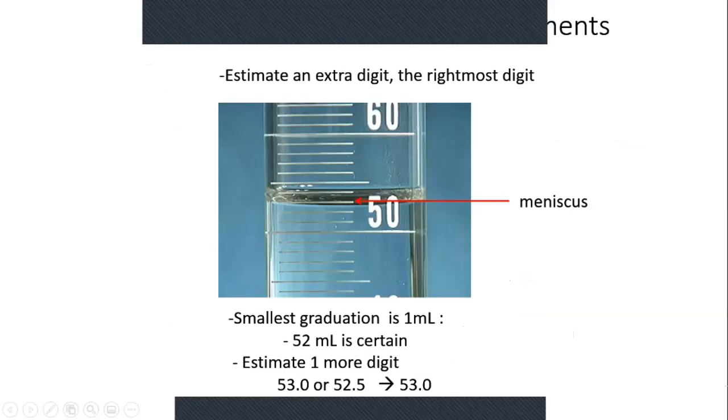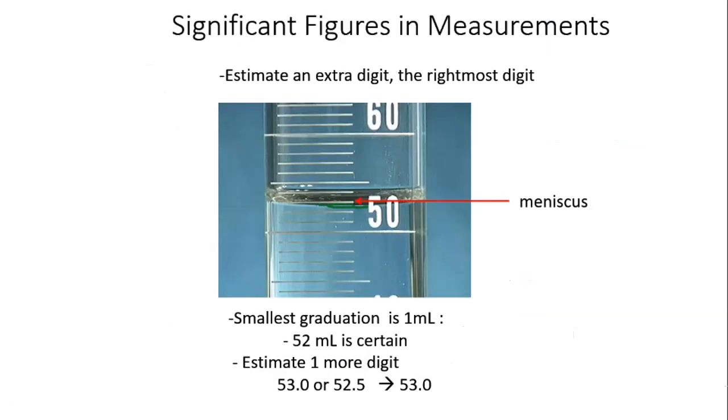So here we have another graduated cylinder. Again, we read the volume at the bottom of the meniscus. So we know for certain that it is 50, 51, 52. So we know for certain it's 52. So if we think it's close to 53, we would say 53.0.